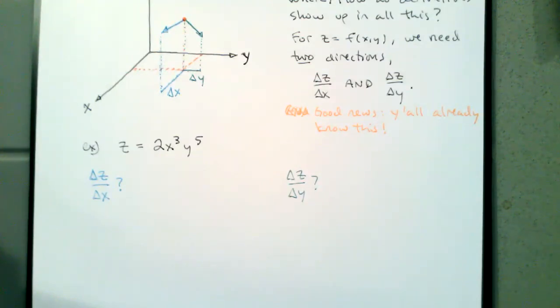We haven't talked about how to do this. I want you to guess how it might work. I want you to propose something that we can use to find the dz/dx. I haven't given you a point, so there's nothing to plug in. 6x squared is a good part, but what happened to the y? I like the 6x squared part.